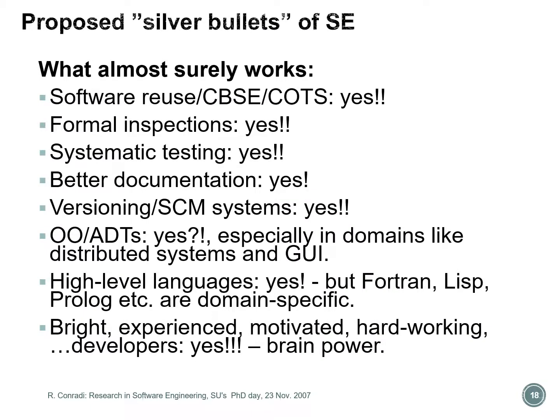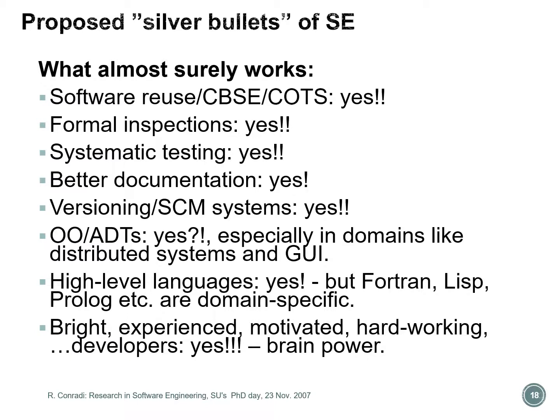So there has been several things that have been proposed in software engineering discipline as silver bullets throughout the years. Of course, the silver bullet being the thing that fixes all our problems. And for example, the Conradi here has defined a list of things that we have been doing and what sort of things have worked.